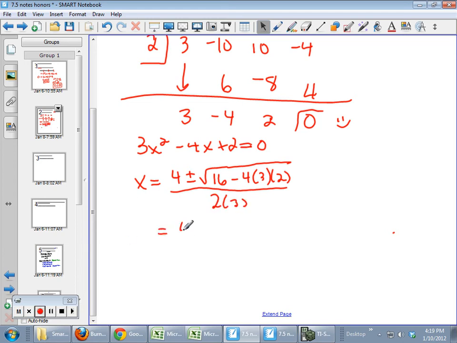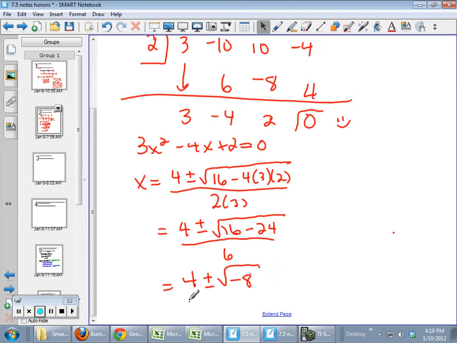Okay, so it's 4 plus or minus the square root of 16 minus, let's see, 12 times 2 is 24, all over 6, which is 4 plus or minus the square root of negative 8, all over 6.